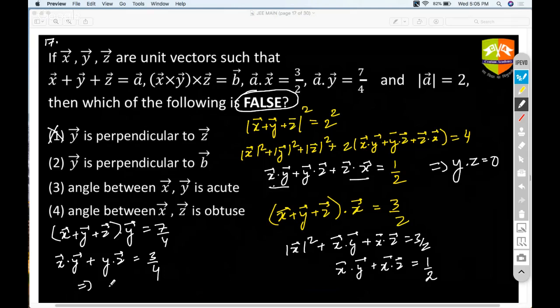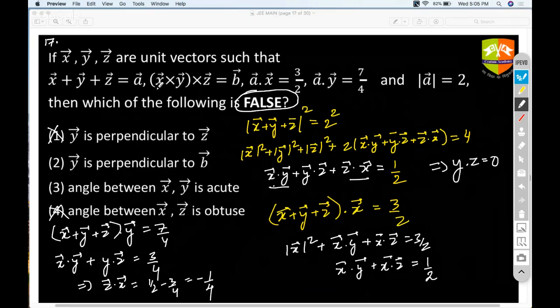So from here it is evident that z dot x would be half minus 3 by 4, which is negative 1 by 4. So the angle between Z and X has to be obtuse. Therefore, option 4, which says the angle between X comma Z is obtuse, is a right statement, and hence this also cannot be my answer.